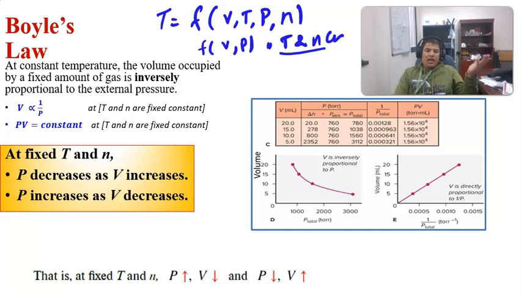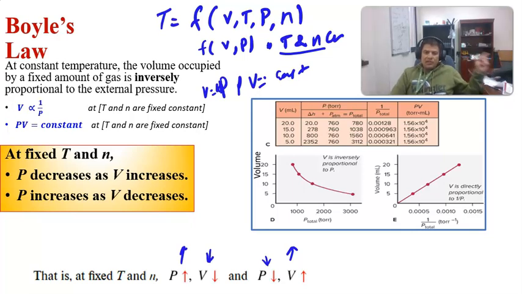If you do a little bit of math here, you can find that volume is equal to k times 1 by P, or pressure times volume is equal to a constant. So this is Boyle's law, right? You remove the proportionality constant, that is the constant. So when pressure increases, volume decreases, and when pressure decreases, volume increases. This is Boyle's law.